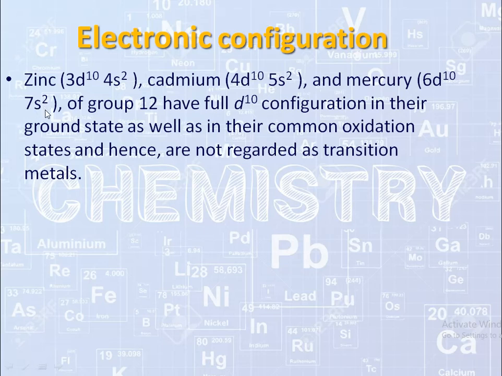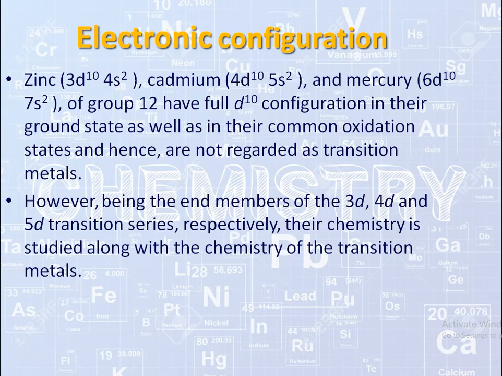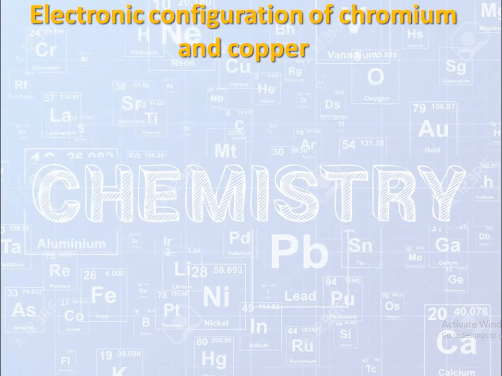So their d orbital is fully filled. So these are not considered transition elements, because according to the definition of a transition element, it must have an incompletely filled d orbital. But being the end members of the 3d, 4d, 5d transition series respectively, their chemistry is studied along with the chemistry of transition elements.